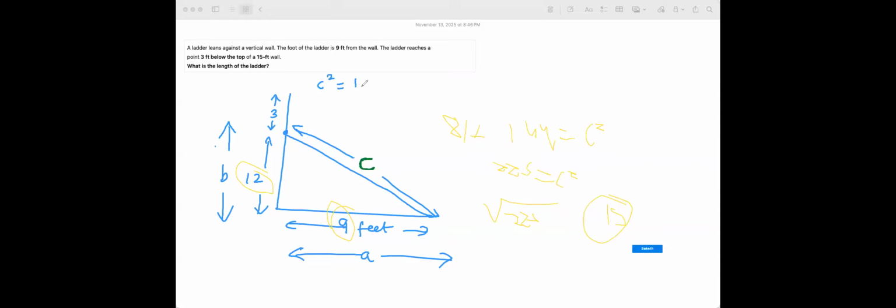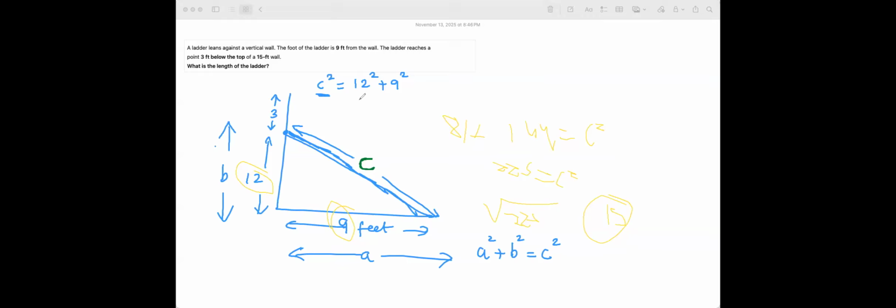Yeah. So C squared, the hypotenuse, the longer side squared, will be equal to 12 squared plus 9 squared. Those are the legs squared, right? The Pythagorean theorem states that the sum of the squares of the legs will be equal to the square of the hypotenuse. What we need to be very clear about is that this is the hypotenuse squared, not the hypotenuse.